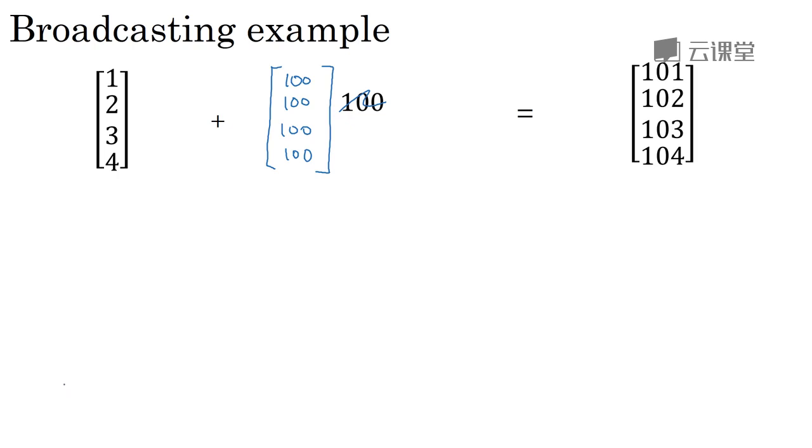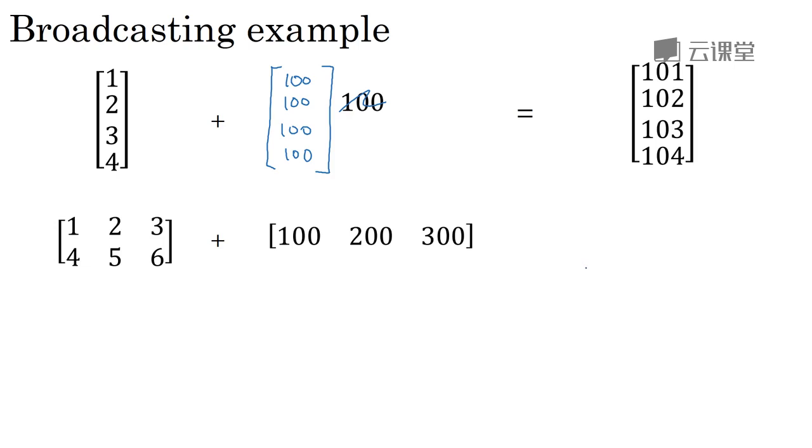Here's another example. Let's say you have a 2x3 matrix and you add it to this 1xn matrix. The general case would be if you have some m by n matrix here, and you add it to a 1 by n matrix. What Python will do is copy the matrix m times to turn this into an m by n matrix.